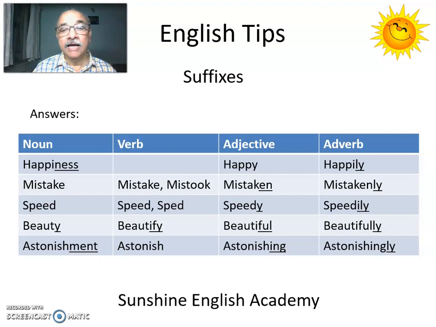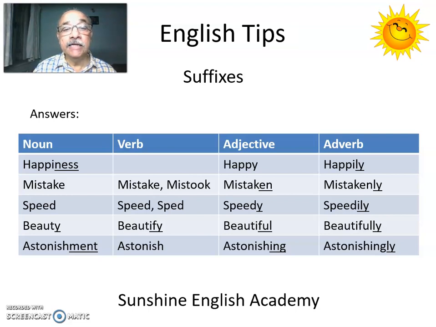Beautiful can become beauty if we remove the ful, which is also a suffix, and add y after t, and it will become beauty, which is a noun. Beautify is a verb, and beautifully is an adverb.